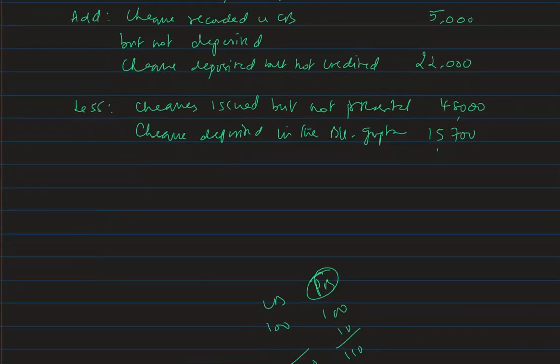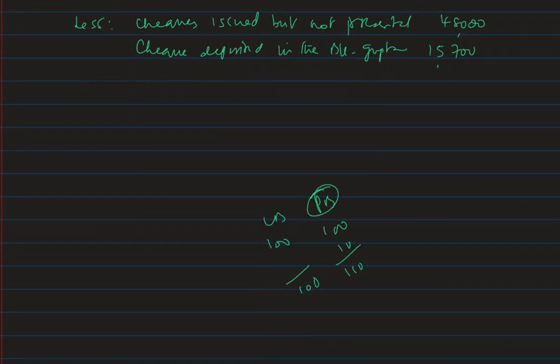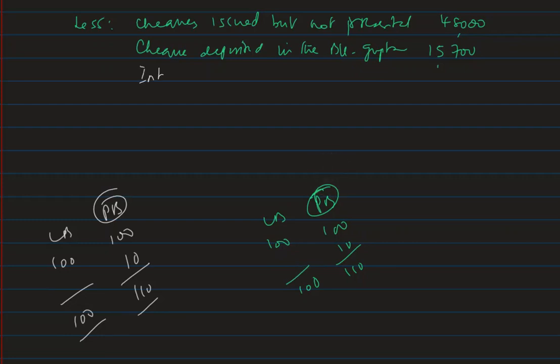So what happens when the bank credits: cash book at 100, passbook at 100, and when the bank deposits interest, your passbook becomes 110, cash book remains at 100. So you should do something to the passbook to match it to cash book. So the starting point is passbook. So it's a less item. So interest credited in passbook, that amount is 1,500.